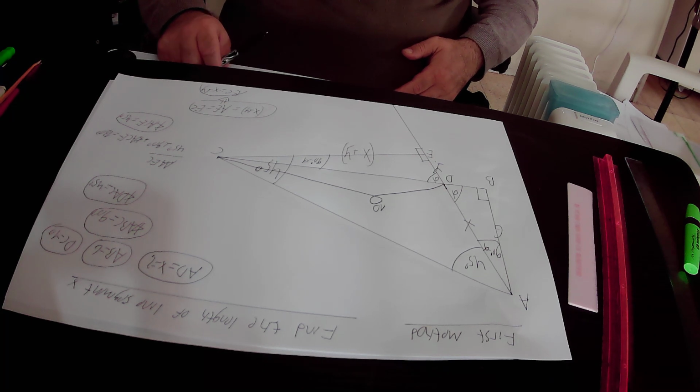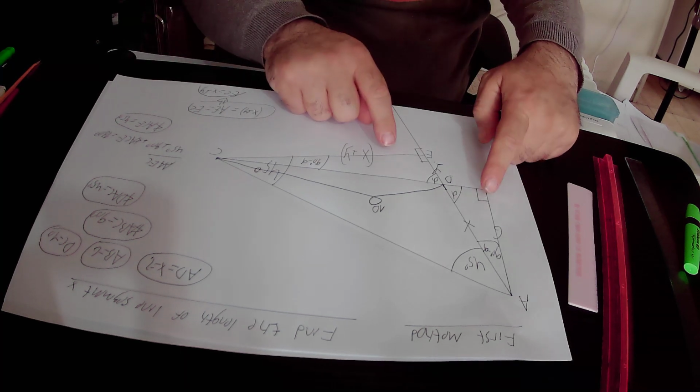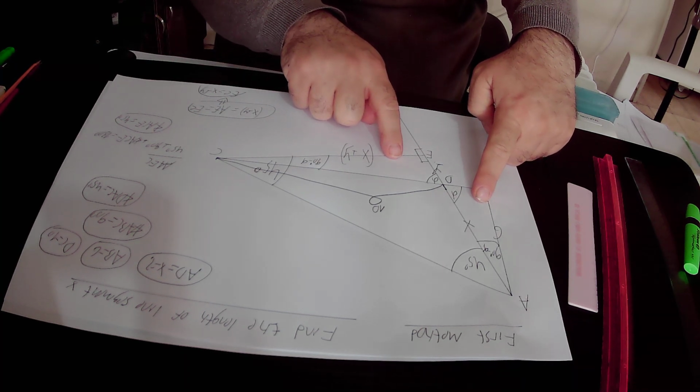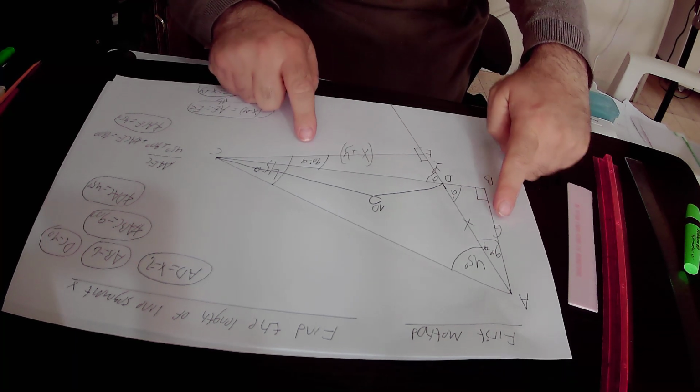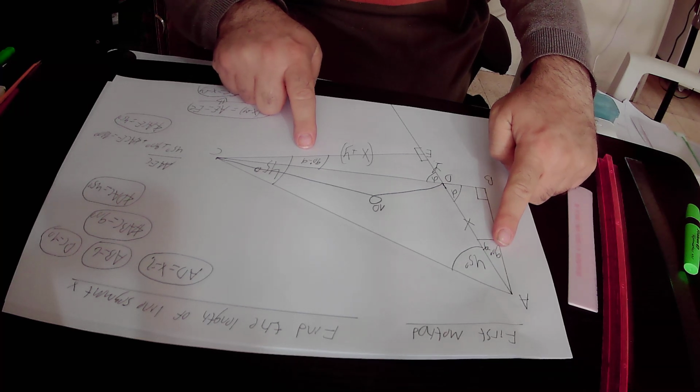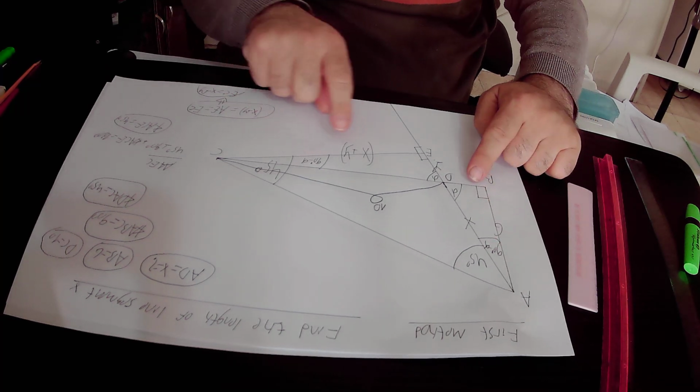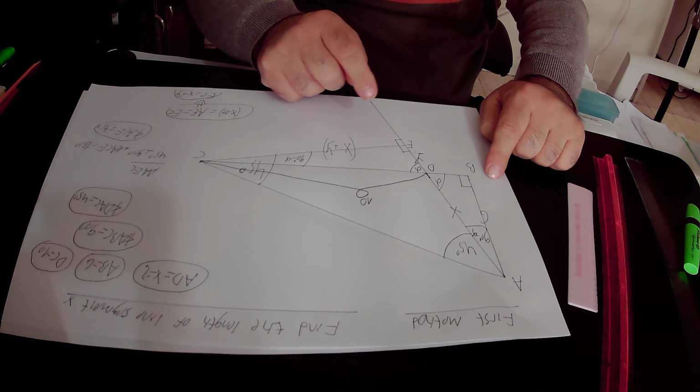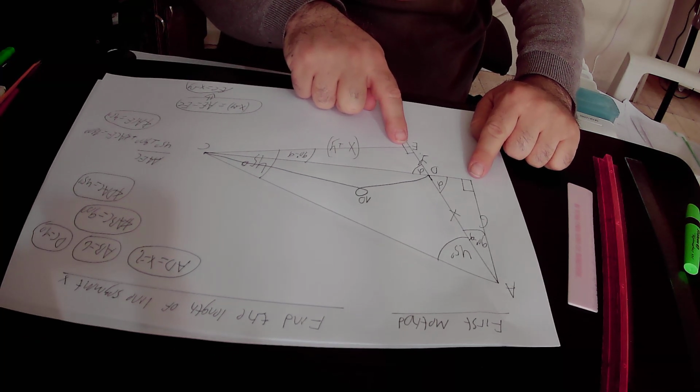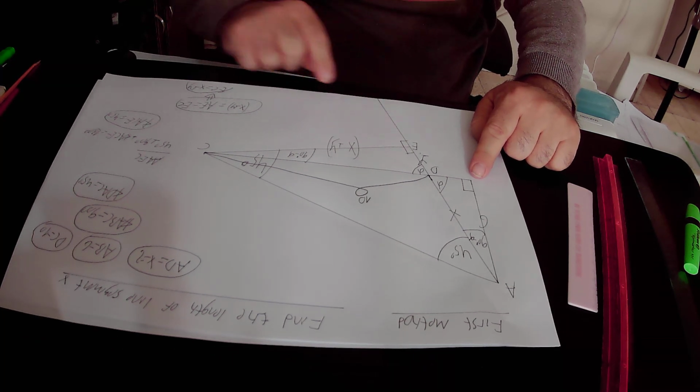So here we actually proved that those two right triangles are similar to each other. Why? Because they have exactly the same angles. Those two angles are both equal to 90 degrees minus alpha, those two angles are both equal to alpha, and those two angles are both equal to 90 degrees.